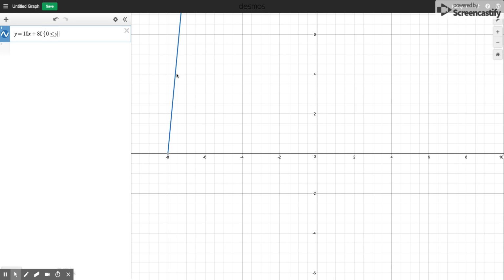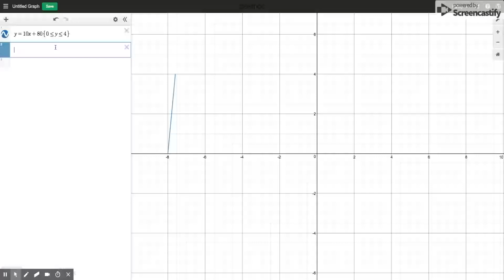I want it to stop about here, so what was that other number? 4. Less than or equal to 4. And my line has been created to where it's only showing up where I want it. Since there is a y in the middle, this is my range. I'm looking from the bottom to the top. Bottom, top for my range.